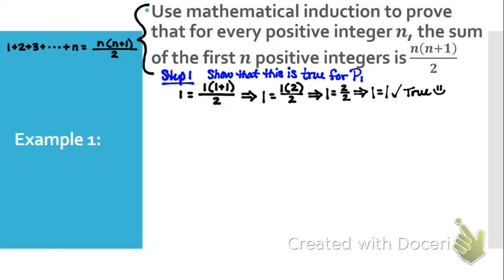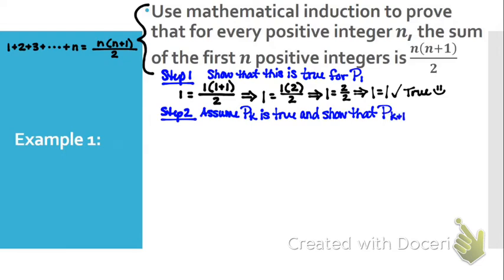Step 2. We will assume that P sub k is true, and show that this means P sub k plus 1 is also true.